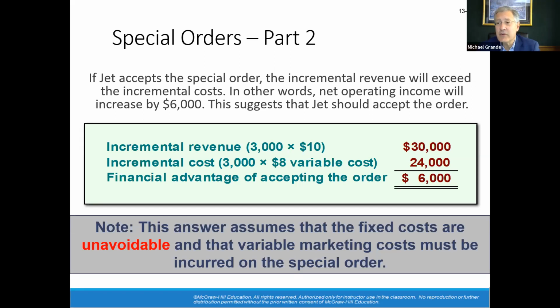They'll have incremental revenue of $30,000, but they'll have incremental costs, direct labor, direct materials, variable overhead, variable marketing costs at $8 per unit for those 3,000 units, or $24,000. They have net incremental operating income of $6,000. So the key here is that, yes, they will accept the special order.